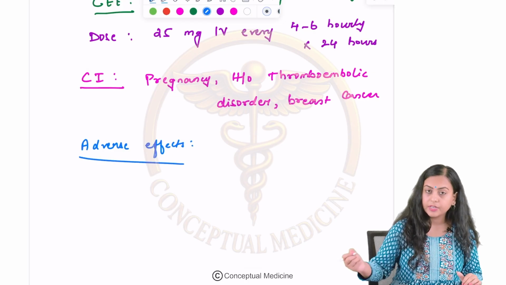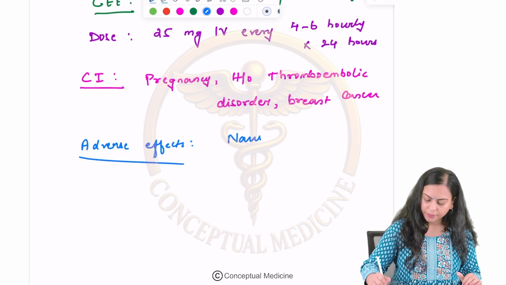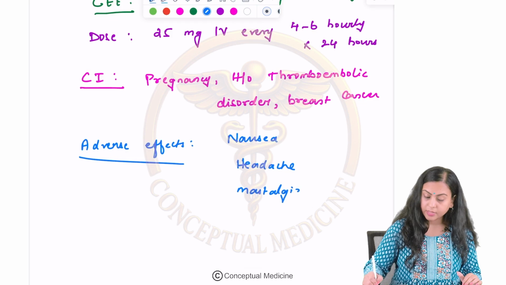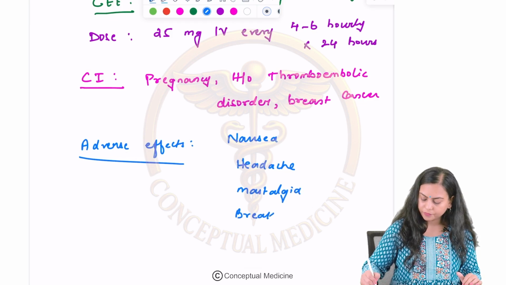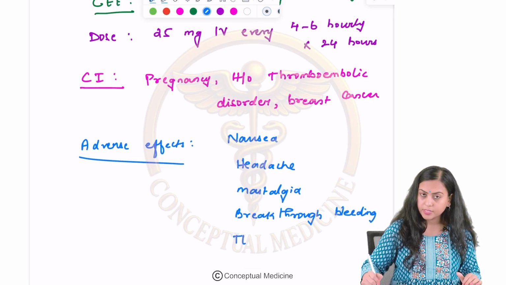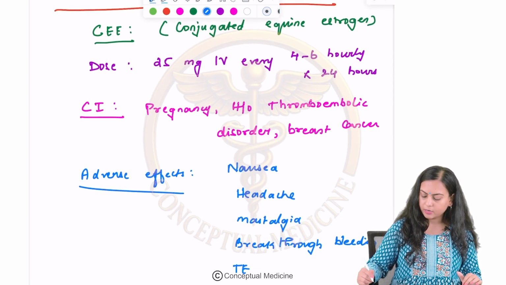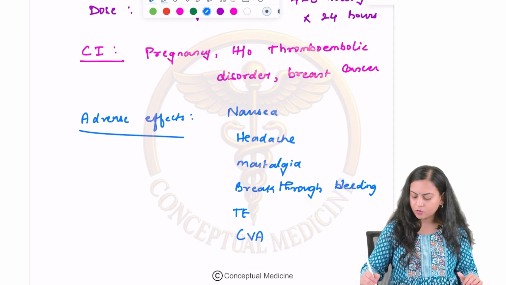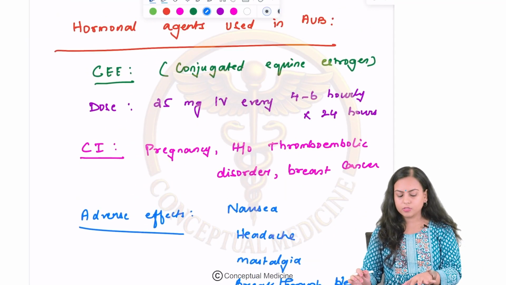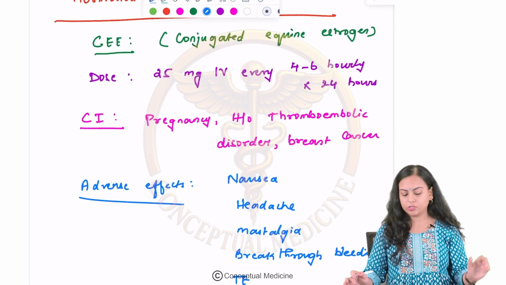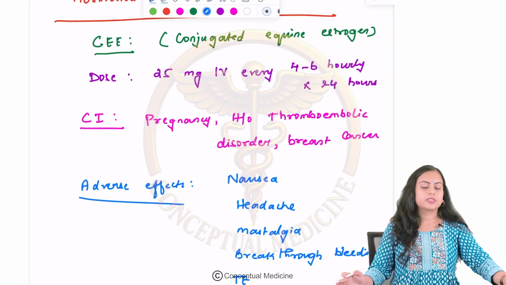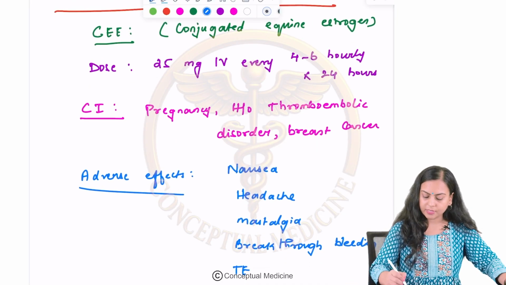Adverse effects will include nausea, headache, mastalgia. There can be breakthrough bleeding, thromboembolism. Okay, there can be CVA also. Okay, so this is all about conjugated equine estrogen. You have to know the dose, you have to know what are the contraindications and what are the side effects. Okay. So this is the first drug we have seen.